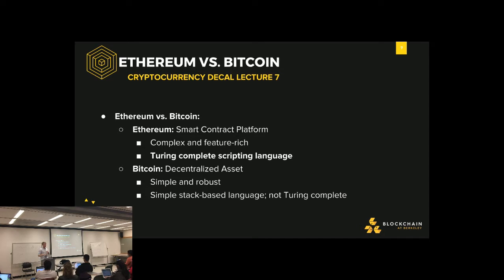And of course, if we remember Bitcoin, it's really more marketed as a decentralized asset. So for the most part, that means you have a stable currency that people trade between each other. What's important to note, though, is that both Ethereum and Bitcoin have decentralized assets, and they both have scripting languages. They are just targeted towards different use cases.